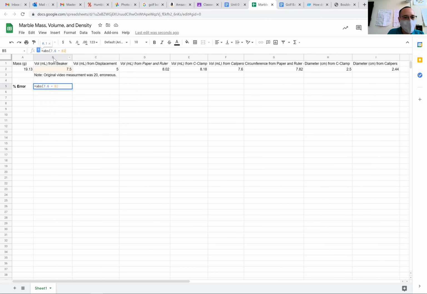You see it's in column B and it's in row 2. If I type B2 there, Google Sheets knows that I'm talking about the value in this particular cell. All divided by 7.6. And then I have to go times 100. And I hit enter. Whoop whoop. That gives me the 1.32%.